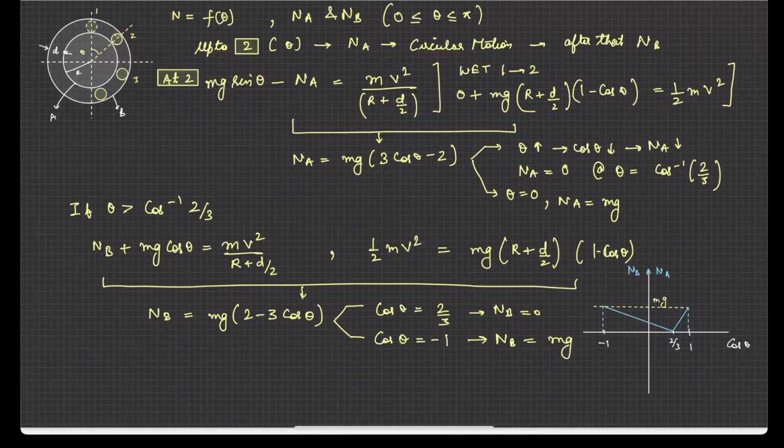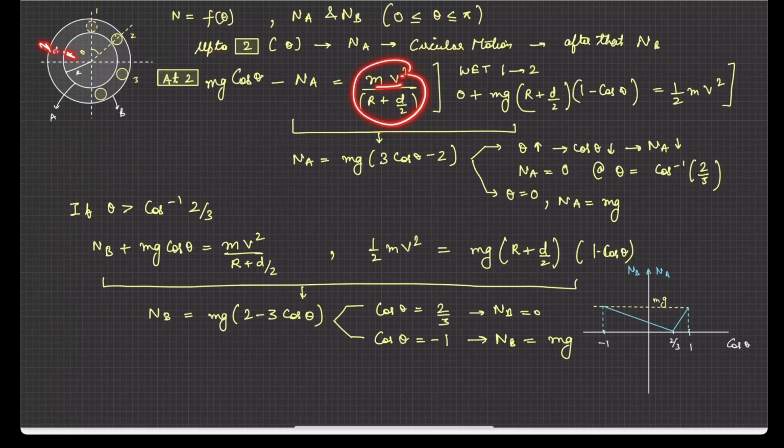This is theta, so it will be mg cos theta minus Na, this is Na, is nothing but mv square by r.